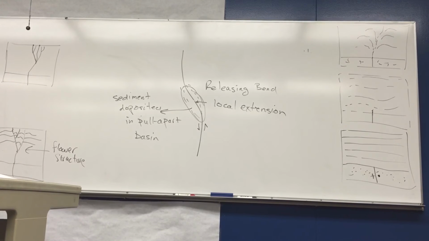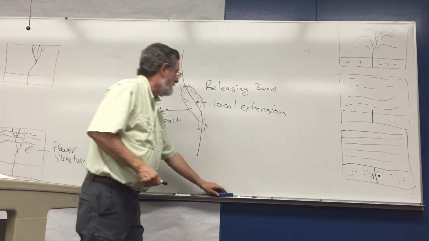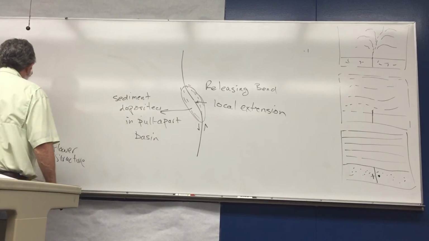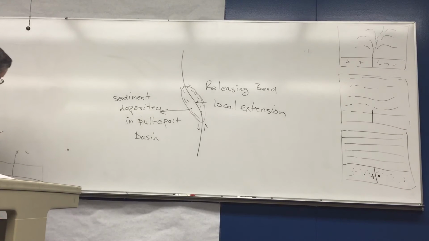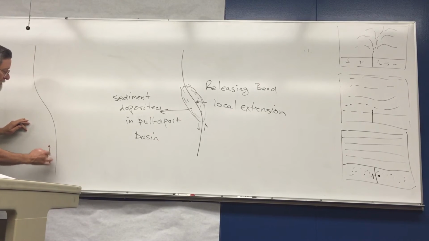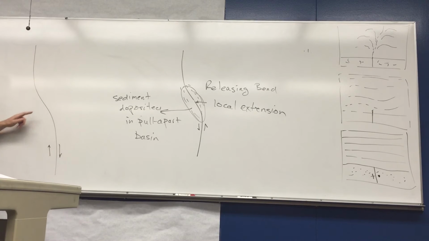If we take our bend the other way, or let's use the same bend and have a separate sense of displacement in there. So we're going to take the same bend, but in this case, this wants to go up, that wants to go down. What's going to happen right there?